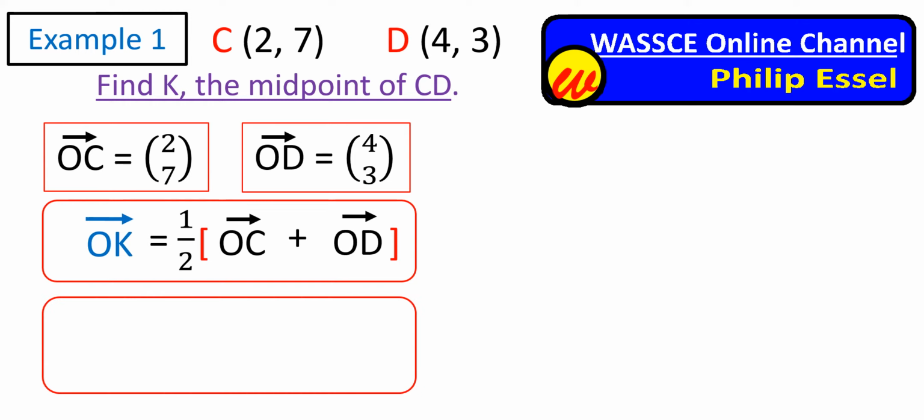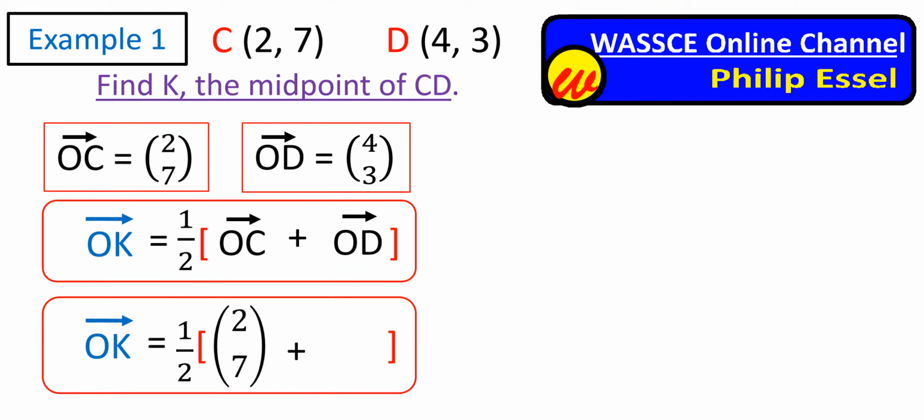So this would give us vector OK equal to half of bracket, then we have our vector OC equal to (2, 7) plus our vector OD, which is equal to (4, 3).